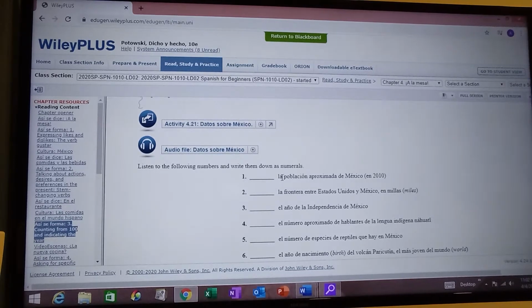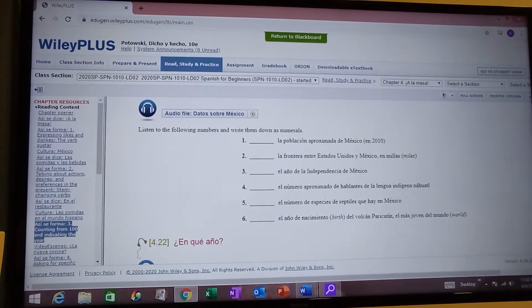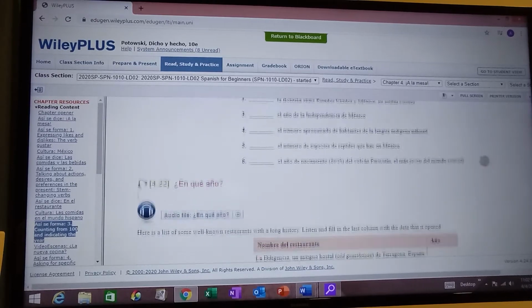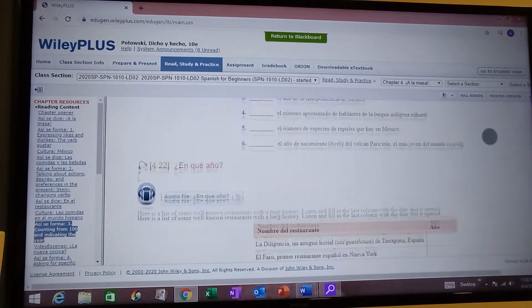Here the data is about the population of Mexico. Here is about the extension of a border. And here this is a year, el año de independencia de México. And the last one is also a year. The answers are numbers corresponding to this data. So please do that, and when we gather at the Blackboard, at the Collaborate Ultra, we are going to check this, but I want you to do this activity on your own.